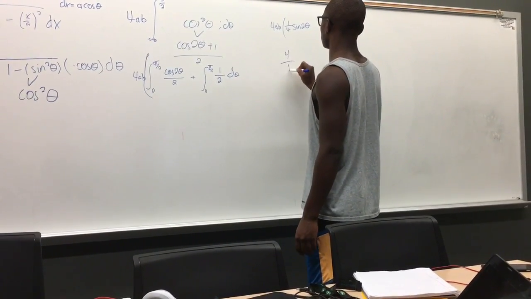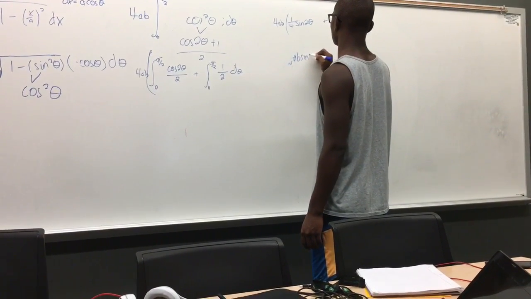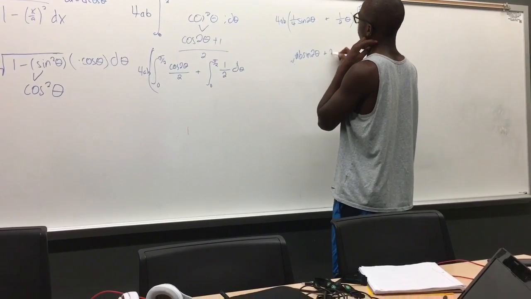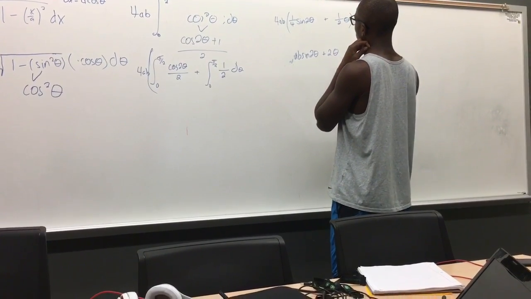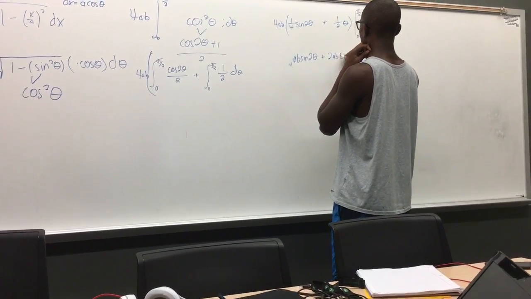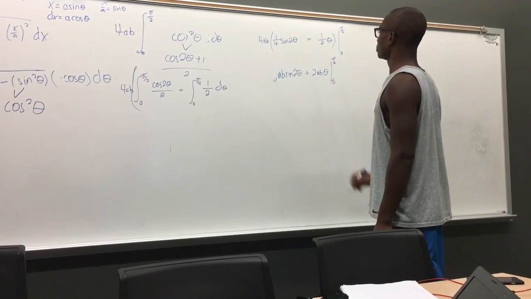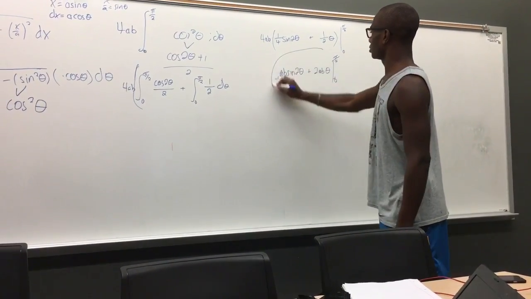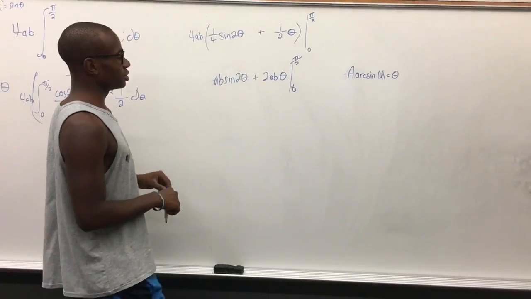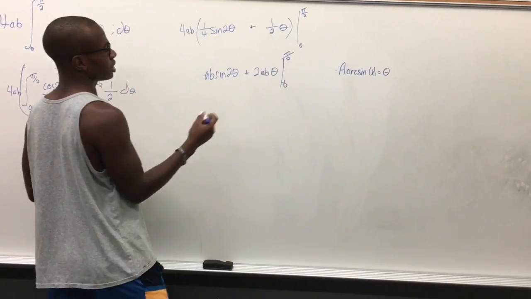You get the 4 over 4 canceling, and so you just get ab sine of 2 theta plus 2ab theta, evaluated from 0 to pi over 2.